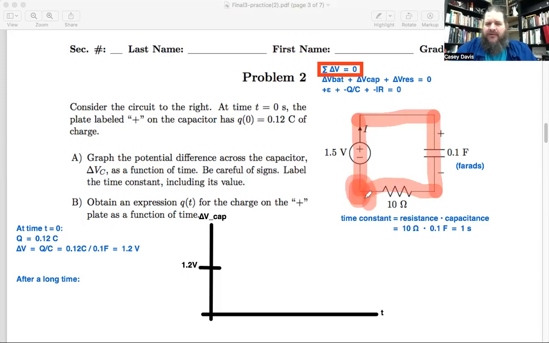But if you get back to the starting location, you've returned to the starting voltage as well, because this location just has one value for voltage. So that means in a complete loop, the sum of all the delta voltages you encounter has to be 0, because you return to the starting value. And that's usually called the loop rule or the Kirchhoff's voltage law.